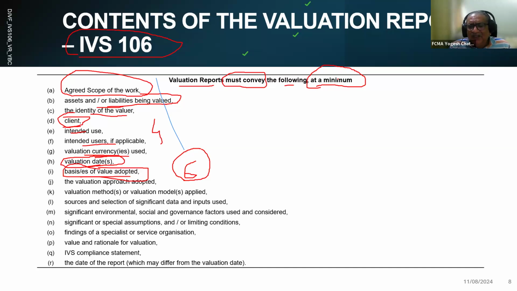Suppose we assume a hypothetical scenario where we are doing the valuation of a land and building asset class, valuation under plant and machinery, and valuation under SFA. How will the basis of value be adopted, and what text will we incorporate in the valuation report related to this particular area? That I will highlight. So I will stop sharing this.